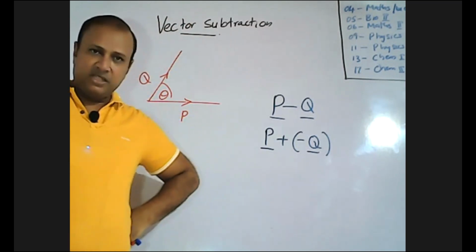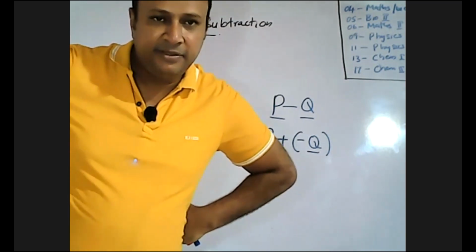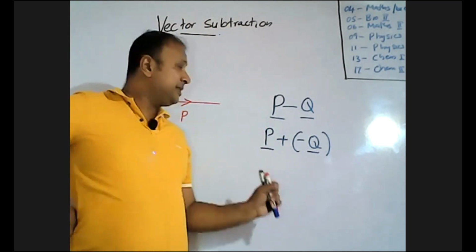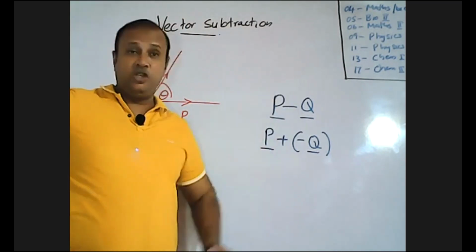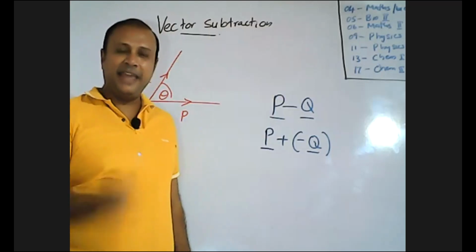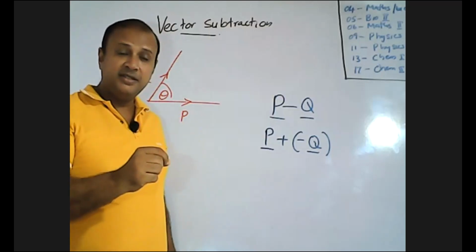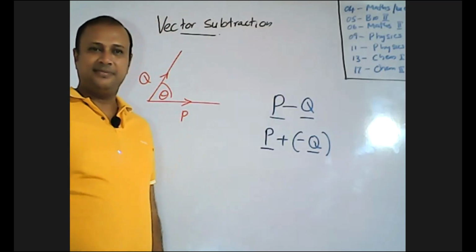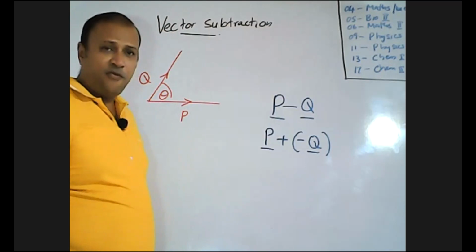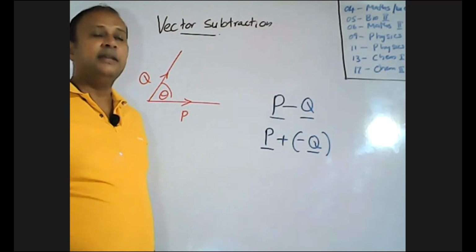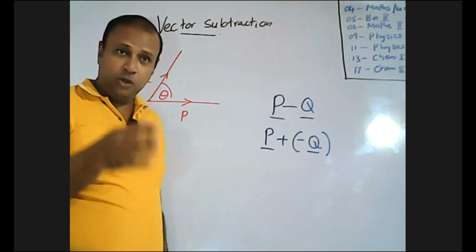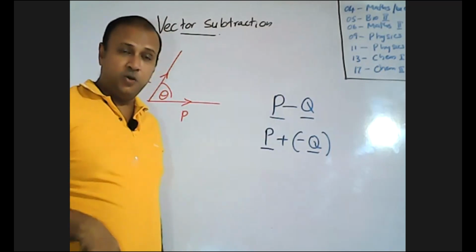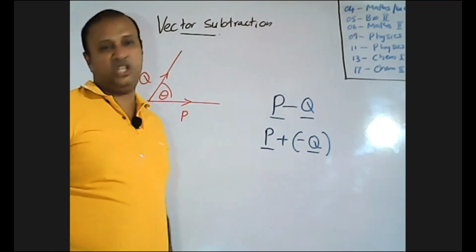Negative vector is the vector which is same in magnitude. That should be stated. Same in magnitude, but opposite in direction. Therefore, negative vector is the vector which is same in magnitude and opposite in direction.